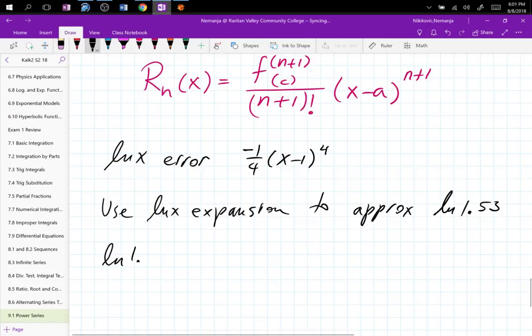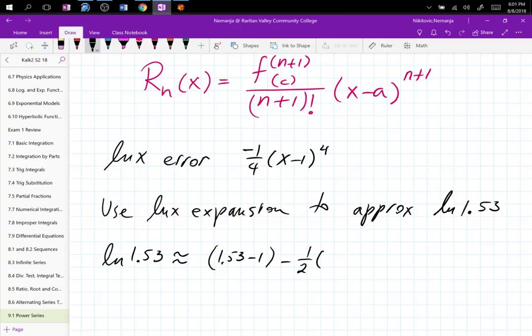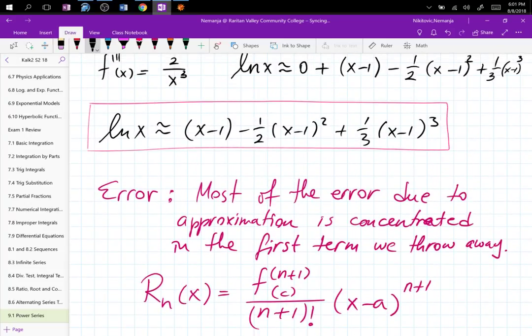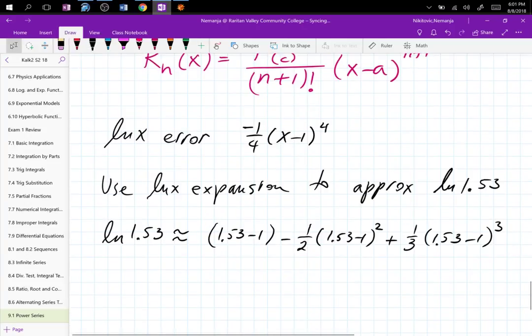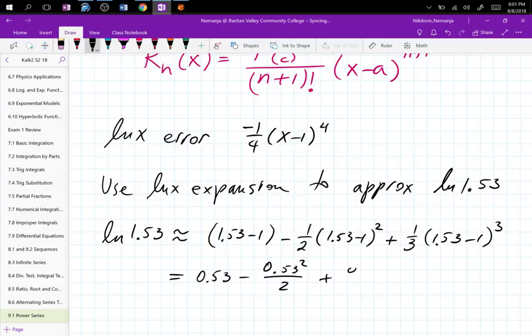So ln of 1.53 is approximated by 1.53 minus 1, minus 1/2 times 1.53 minus 1 squared, plus 1/3 times 1.53 minus 1 cubed. We go and compute this. This is 0.53 minus 0.53 squared over 2 plus 0.53 cubed over 3.